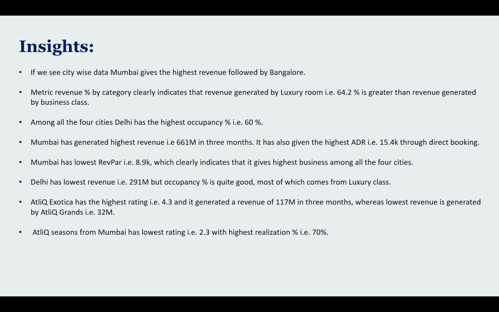AtliQ Exotica has the highest rating, that is 4.3, and it generates a revenue of 117 million in 3 months, whereas the lowest revenue is generated by AtliQ Grands, that is 32 million. AtliQ Seasons from Mumbai has the lowest rating, that is 2.3, with the highest realization, that is 70%.